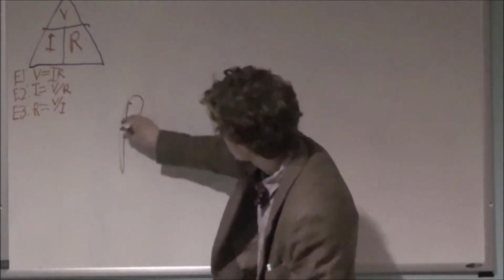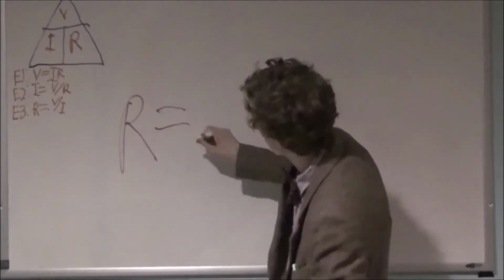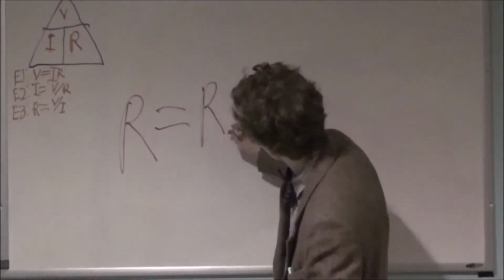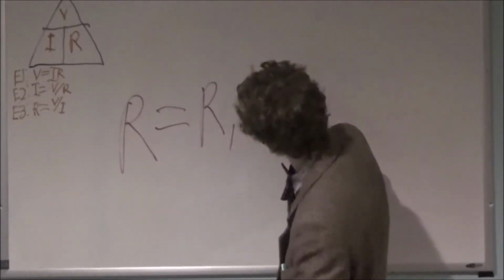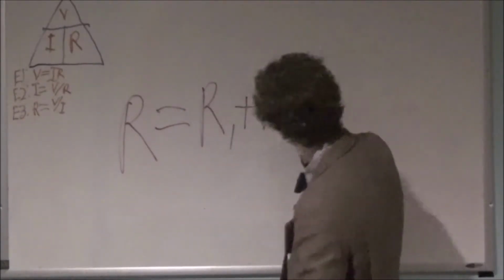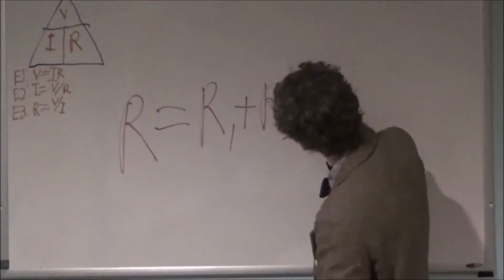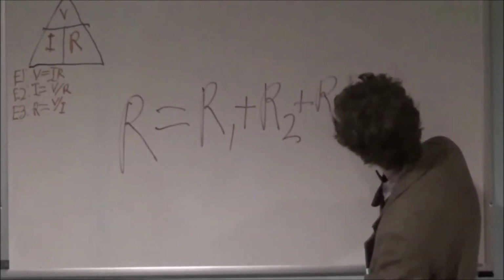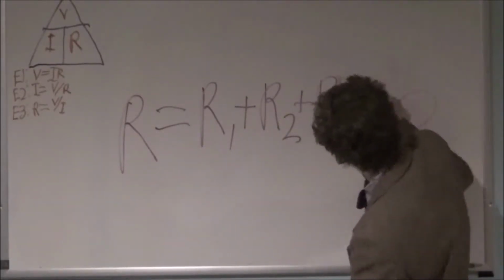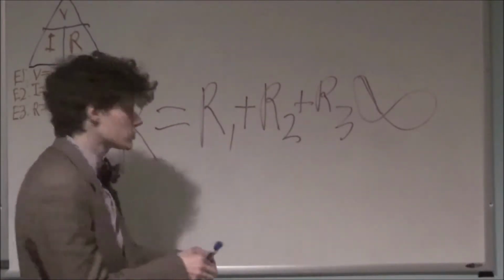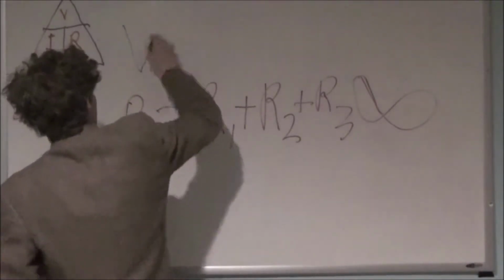The overall resistance of a circuit equals R1 plus resistance 2 plus resistance 3, ad infinitum. Works the exact same for sources of voltage.